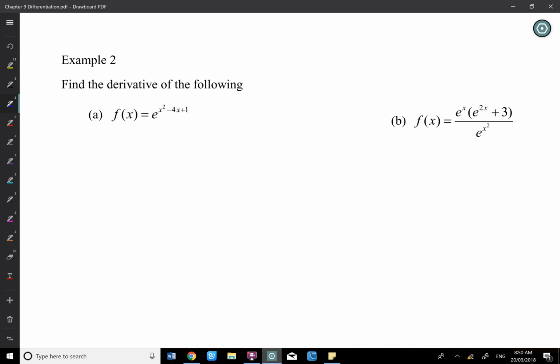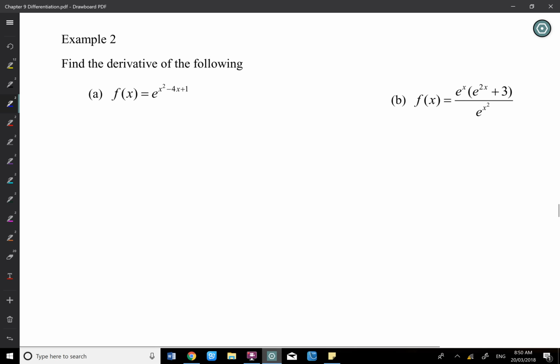For the first one, let's try not to go back and look at the formula. So it's e to the power of g x. Have a think about what you should do. Quickly write the answer. So e is the one that remains the same. You always need to derive the g x.